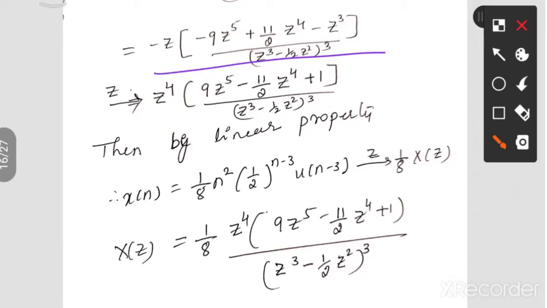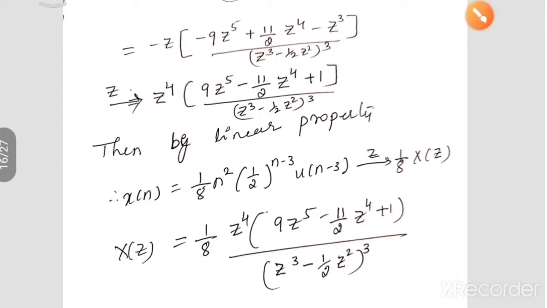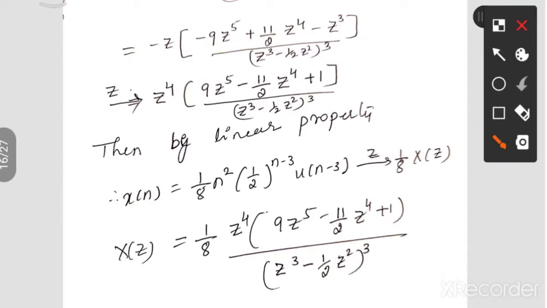Then now what we can do is take a minus z inside. Sorry, keep z as it is. From this factor take z cube outside. While taking z cube outside and then multiplying with this z, since z is already there and you are taking z cube outside, here it will be z raised to 4. So what all remains inside?